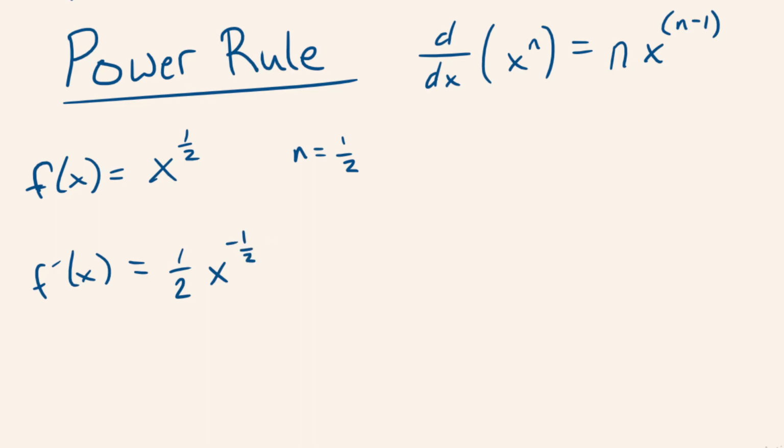So this is a reasonable answer, or you can simplify it down to 2 over x to the 1/2, or you can go one step further and just change that power of 1/2 to square root.